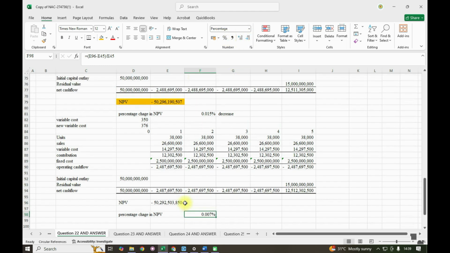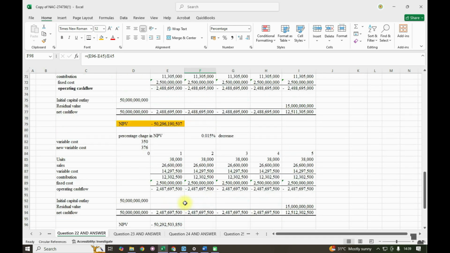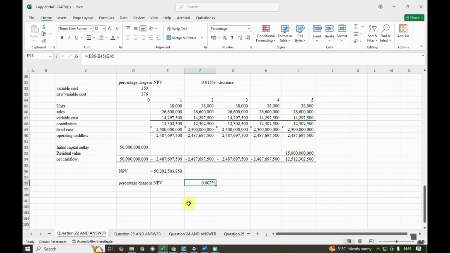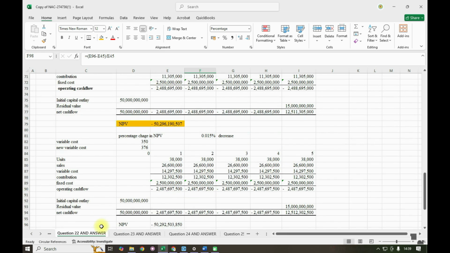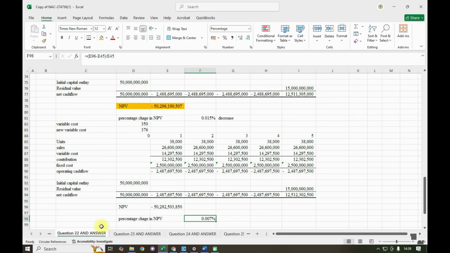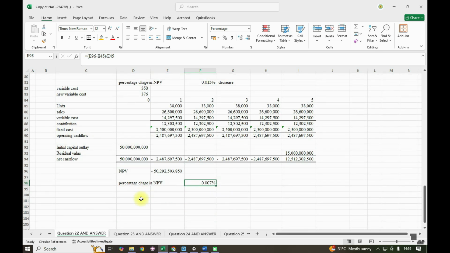Yeah, almost the same with the other one. 0.07 will be our percentage change. So that is a variable. So we are remaining with the fixed and the initial.